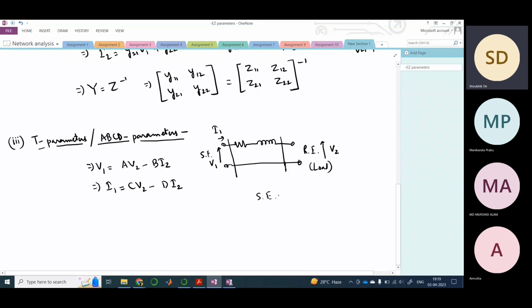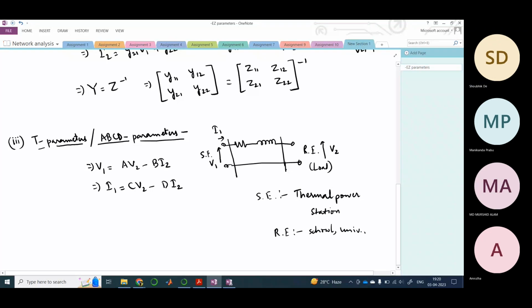The sending end basically means the thermal power stations, which produce the power and send it to the grid. The receiving end is any school, university, households, industry, this kind of thing.